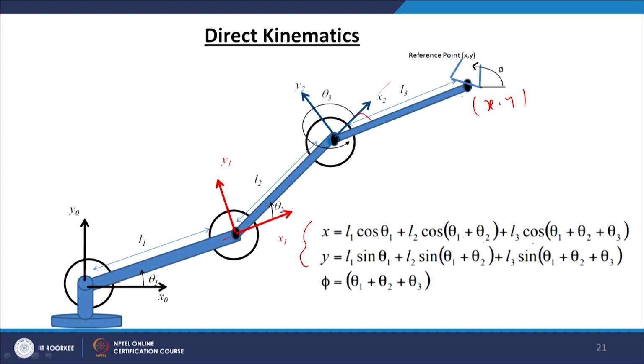For example, to reach this particular position, we have this solution, 2 solutions are available, and if you change the first link to this position, it can again be reached by 2 other solutions. Like that, for each theta 1 value you will get 2 different solutions for link 2 and link 3. So, we can get infinitely many solutions for this one.